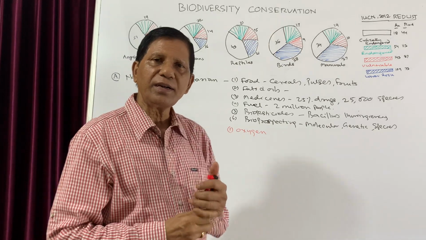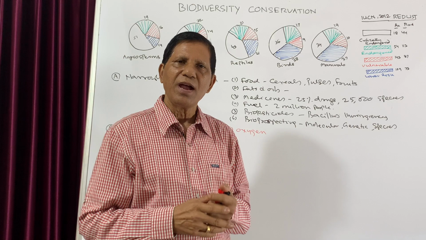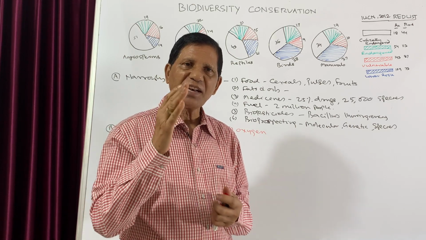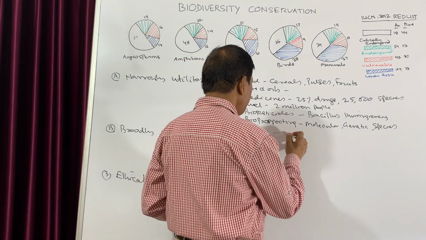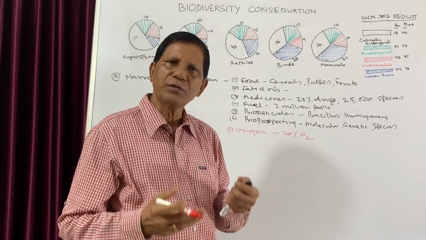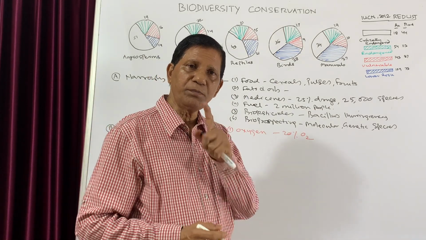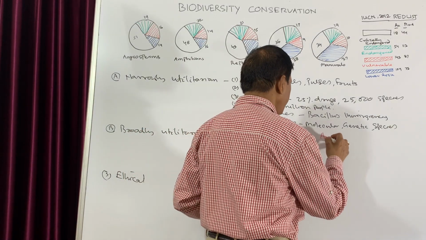Now where are we getting the oxygen from? From the plants due to photosynthesis. And the Amazon rainforest provides 20% of the oxygen that is produced on the earth. 20% of the oxygen is produced by the Amazon forest.